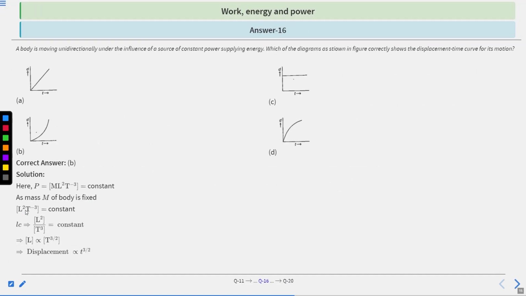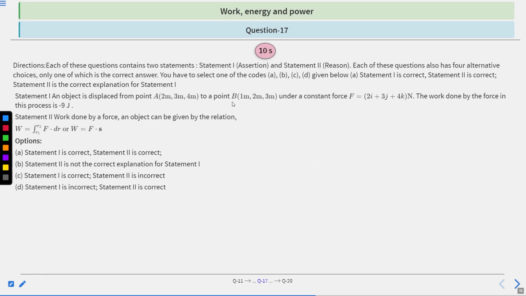Next question, question 17. This is an assertion or reason type question. Directions. Each of these questions contains two statements. Statement first, assertion, and statement two, reason. Each of these questions also has four alternative choices, only one of which is the correct answer.